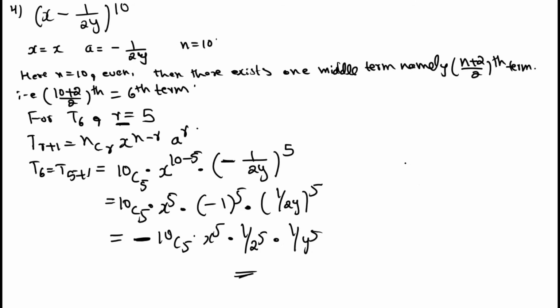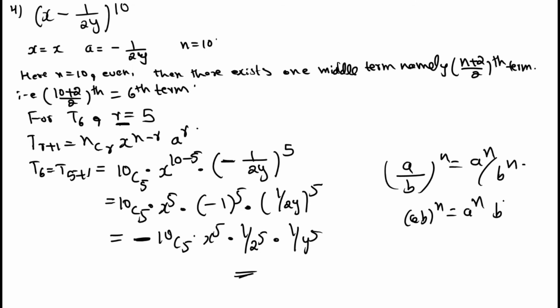It's a middle term. (a by b) to the power n you can write as a to the power n by b to the power n, as well as (ab) to the power n is equal to a to the power n into b to the power n. Here, minus 1 by 2y you can write as (minus 1) to the power 5 into (1 by 2y) to the power 5. And (1 by 2y) to the power 5 can be written as 1 by 2 to the power 5 into 1 by y to the power 5. So it is the middle term.